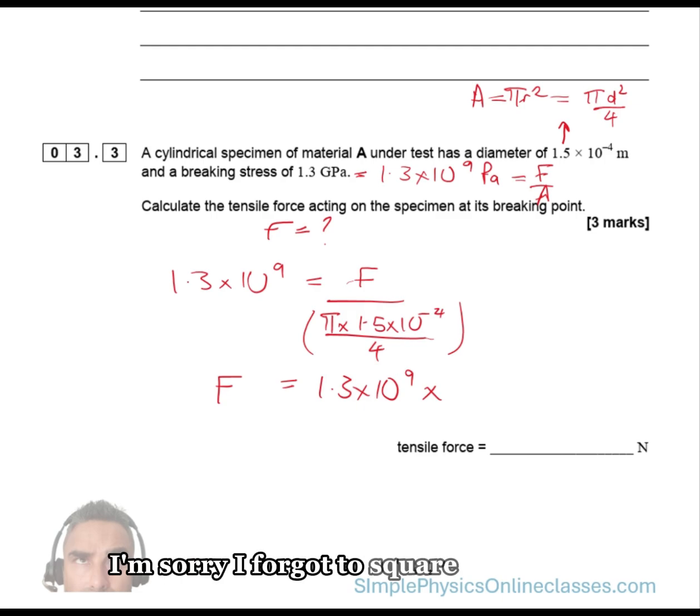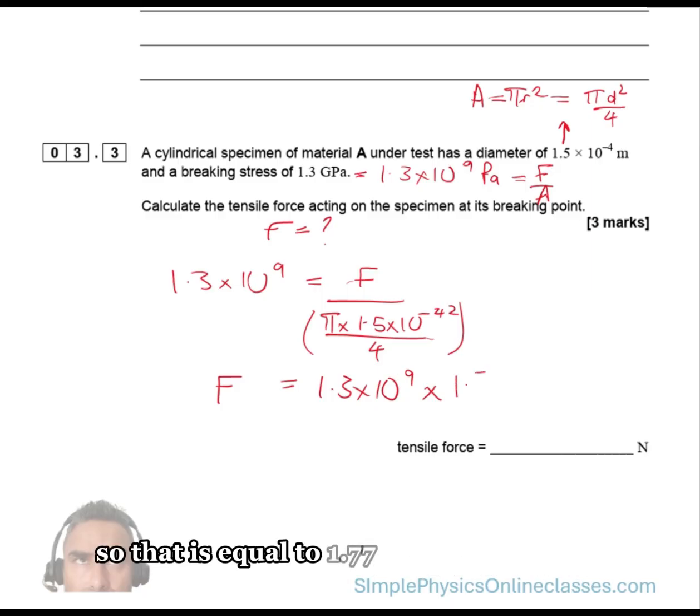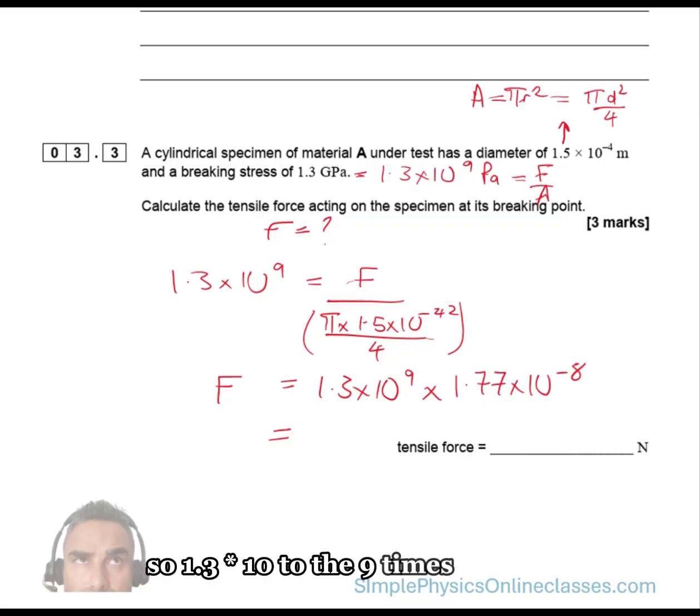I forgot to square that. So the area is equal to 1.77 times 10 to the minus 8. If you put all that in, 1.3 times 10 to the 9 times that answer gives me 23 newtons. So that's nice and easy.